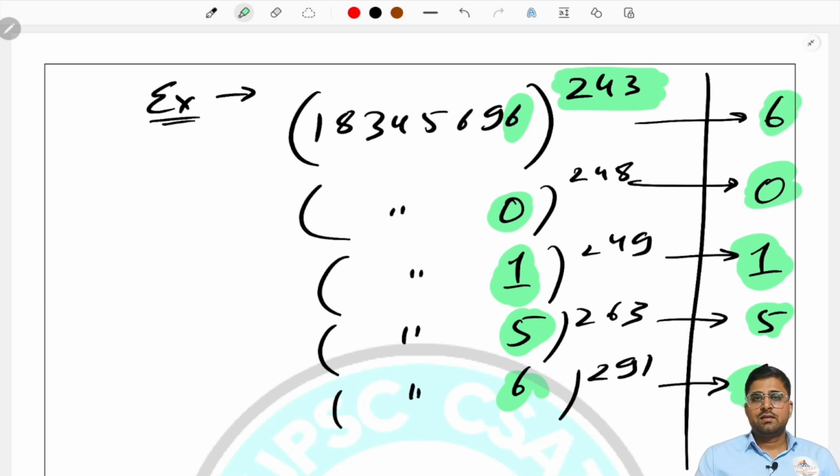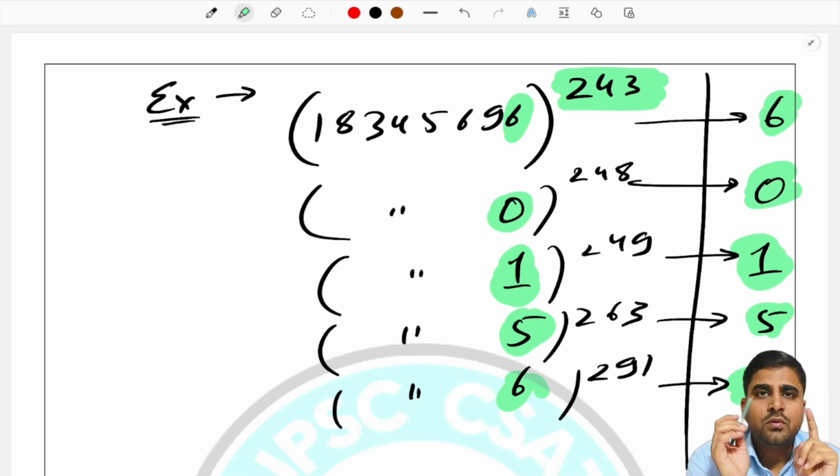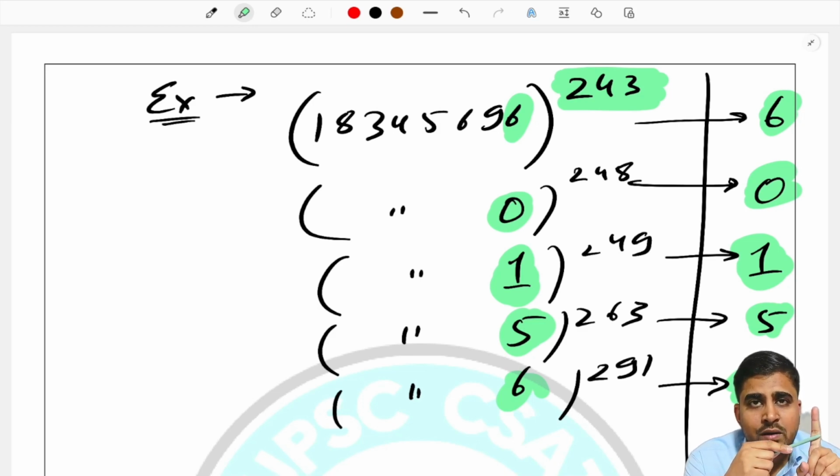Please learn that. It's a very, very basic thing. If you put 0, no change, 1, no change. When you take 2, it will change. 2's power 1 is 2, 2's power 2 is 4, 2's power 3 is 8. It's constantly changing.